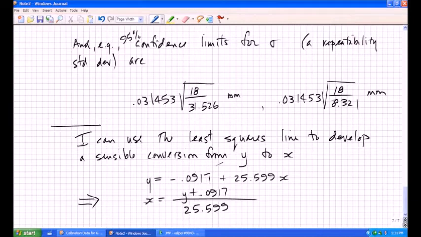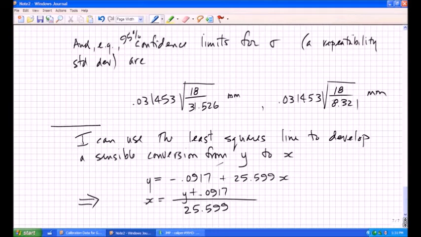Okay, so I said that calibration was about measuring knowns, making measurements on known measurands, and if necessary finding a way to convert back from one to another.